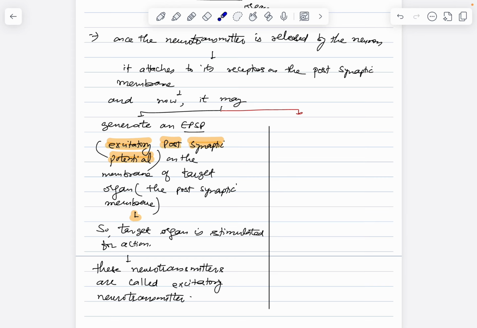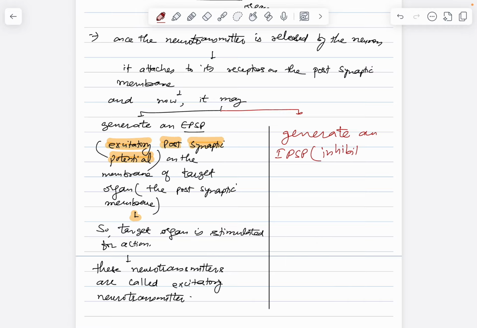But there is one more option that the neurotransmitters have. A neurotransmitter comes and attaches to its receptors in the postsynaptic membrane, and now it may generate a new potential that would be lower than minus 70 millivolt. That means dropping it down further to minus 75, minus 80, minus 85, minus 90 maybe. So neurotransmitters may generate an IPSP.